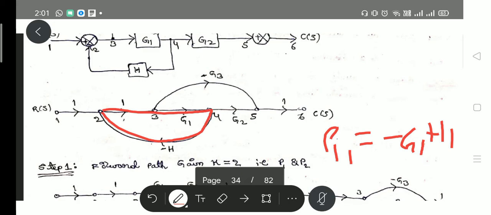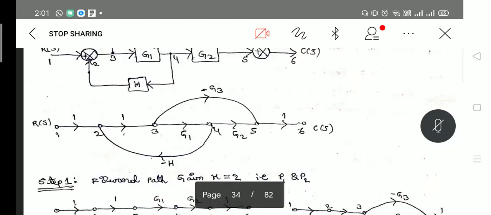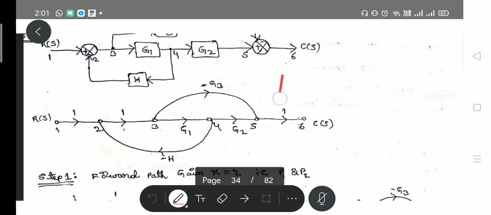So we can skip the third step, two non-touching loops, right? Next, the fourth step is we can find delta and delta k.